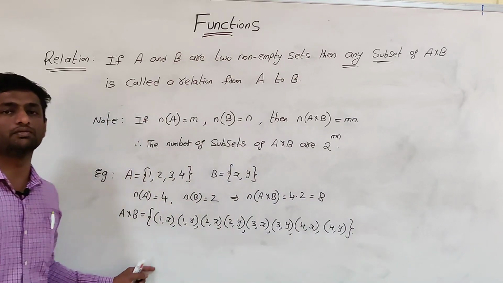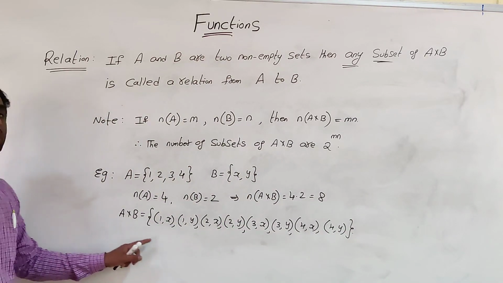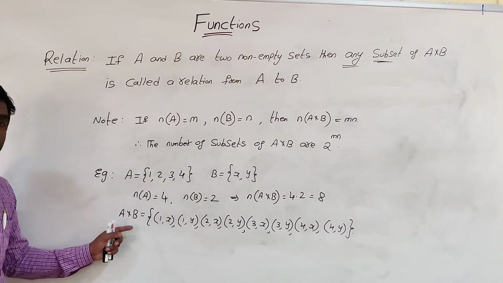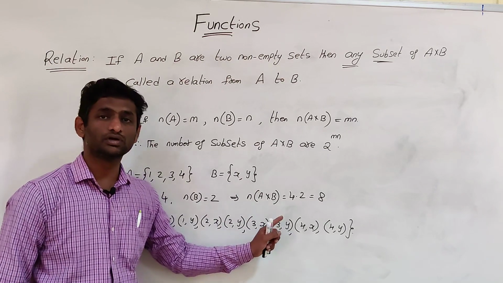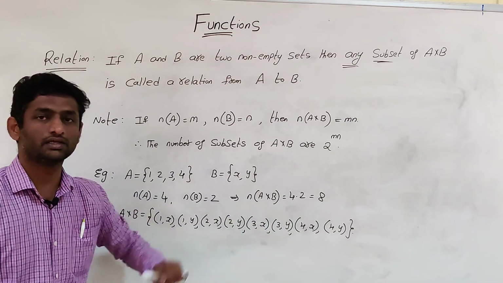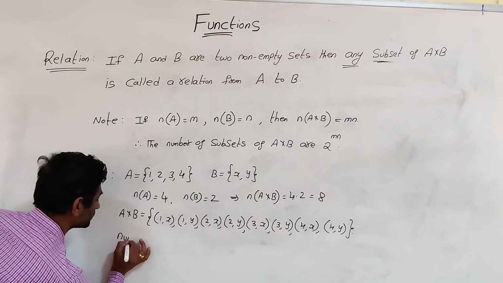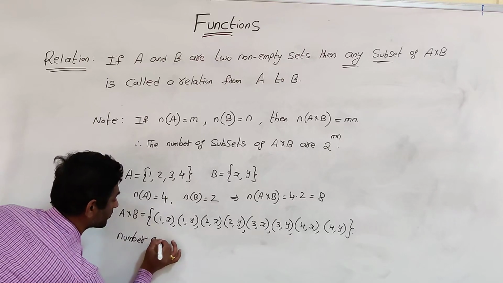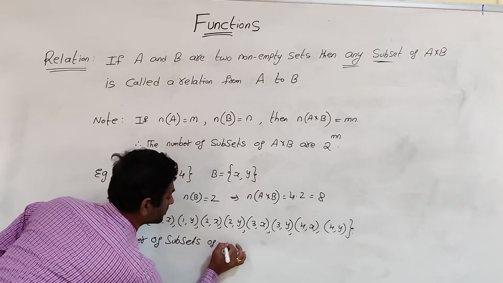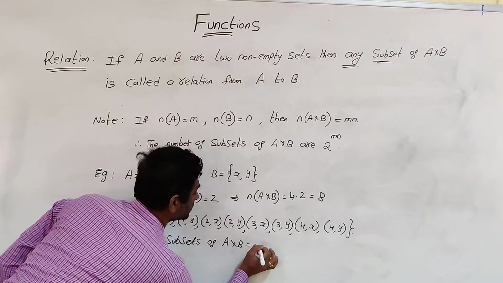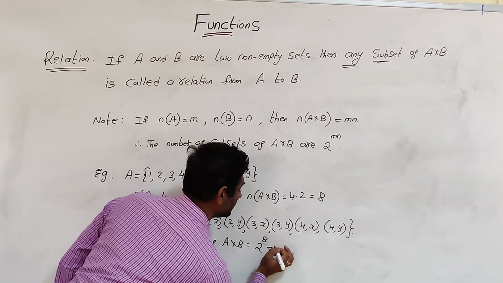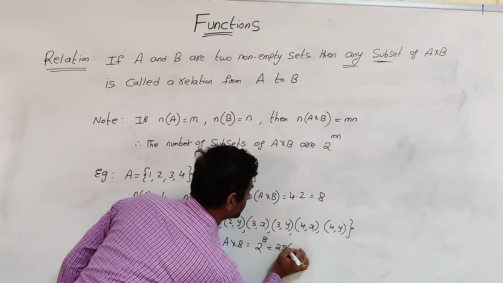So these are the 8 elements, and each subset of A cross B is called a relation. So the number of subsets we can form from A cross B is 2 to the power of 8: 1, 2, 3, 4, 5, 6, 7, 8. So the number of subsets of A cross B is 2 to the power of 8, which is 256.